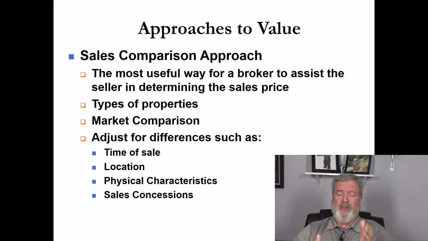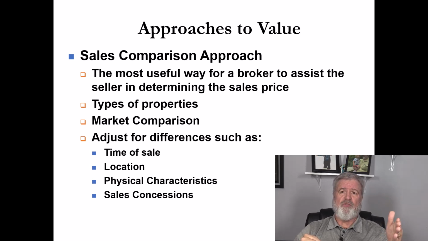But some other things in addition to just the physical characteristics you may have to adjust for. Again, the time of sale. Even though I've got a good comparable here that's recently sold, that might have been 5 months ago. Well, what was the market doing 5 months ago? Especially when it comes to supply and demand, right?